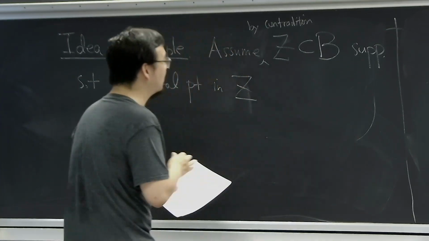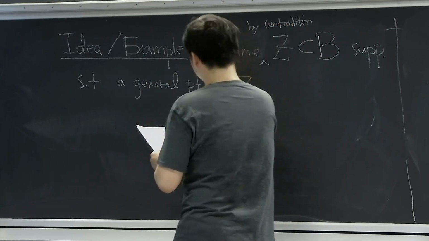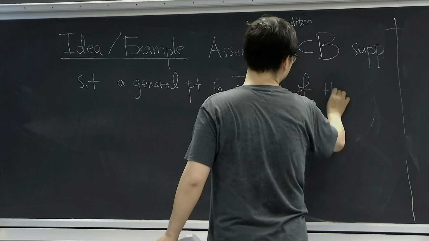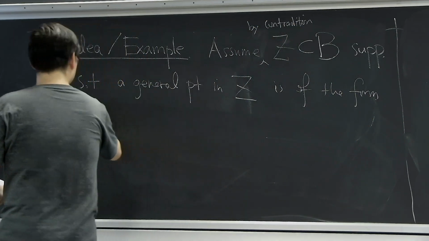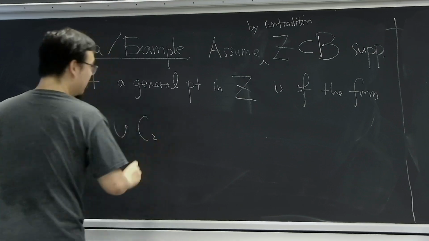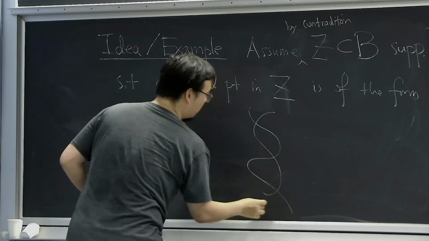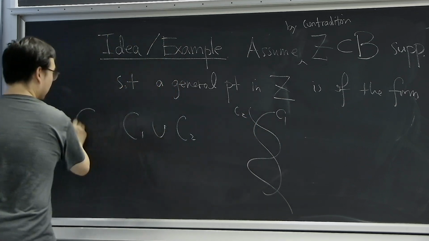Just for convenience, let's consider the easiest case to see how it works. So the general point in Z is of the form C1 intersect with C2. Let's just consider the simplest situation where you can have two curves. So this is our C.